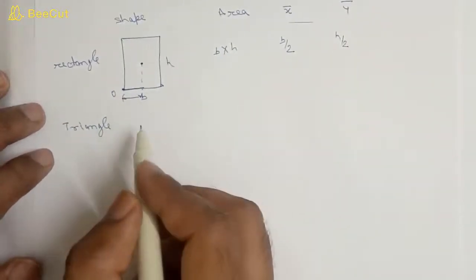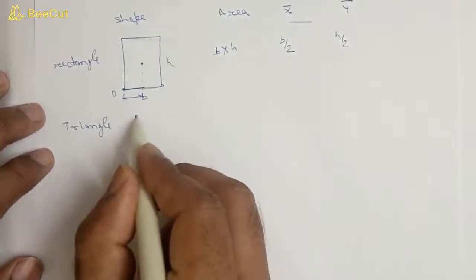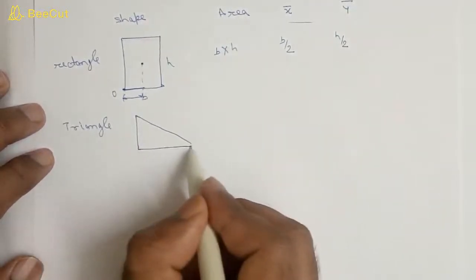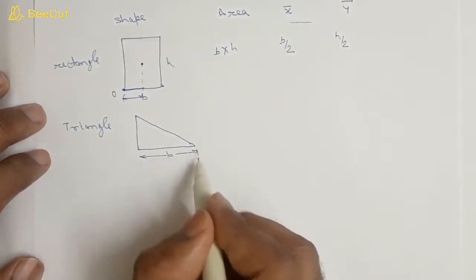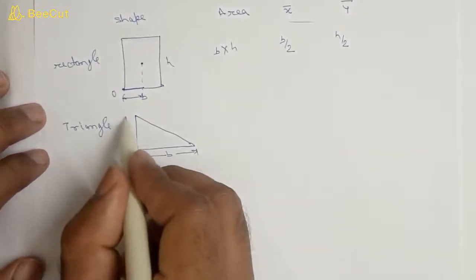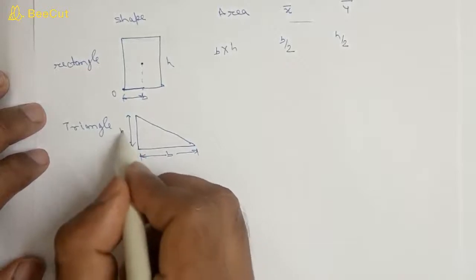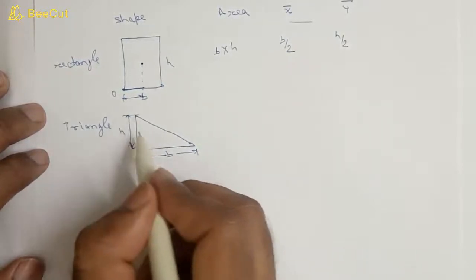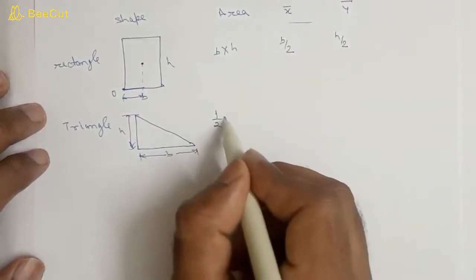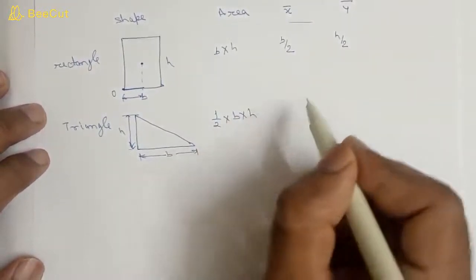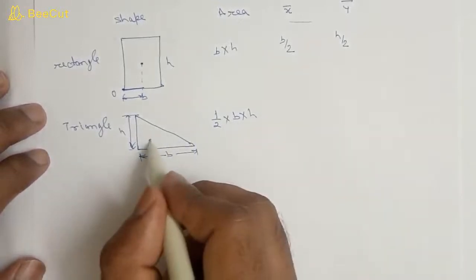Then for a triangle, this is a right angle triangle, and this is b, and this is h. The area of this triangle will be half into base into height, and x bar will be somewhere here.